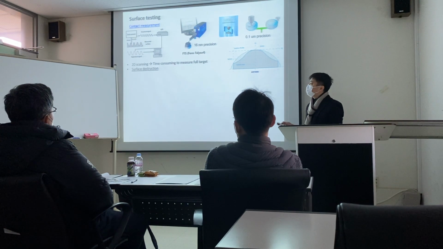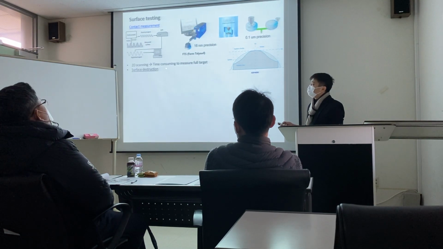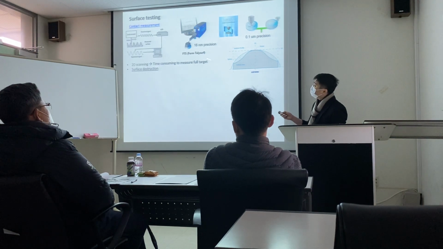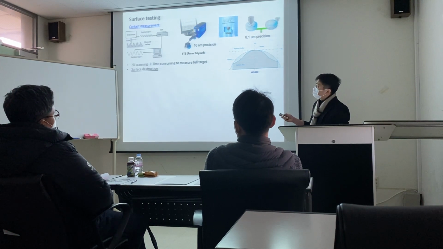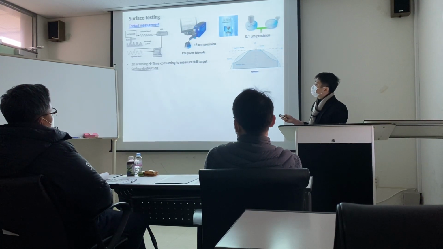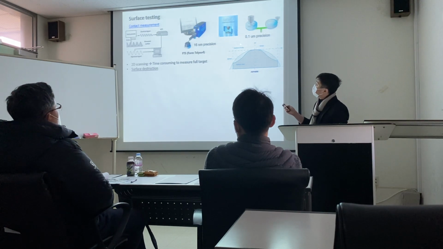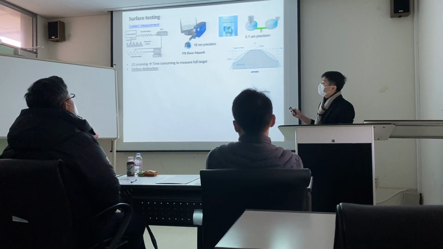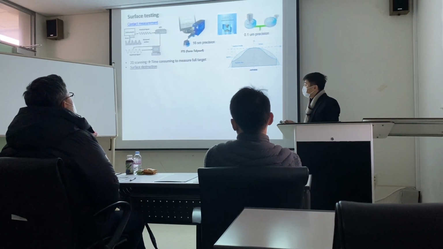To get the 3D profile, we have to move the stylus back and forth. It is time consuming to measure the target. An example of contact measurement is the FTS from Taylor Hobson with a precision of 16 nanometers. Another example is UA3P with a precision of around 0.1 micrometers.